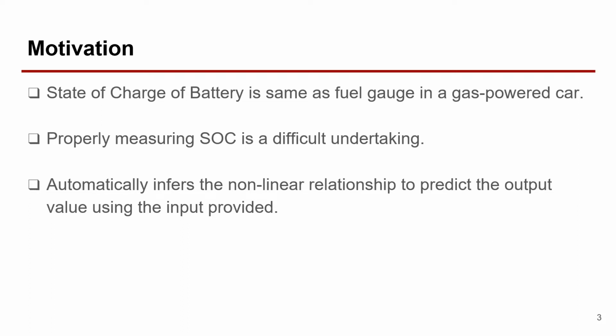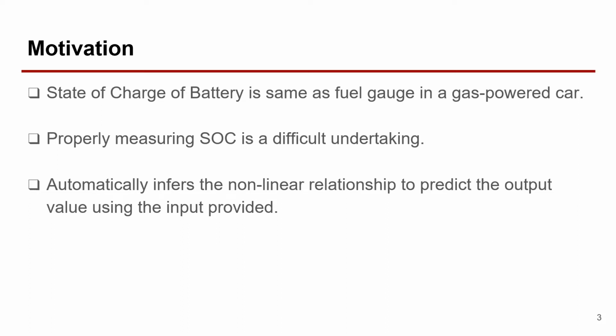However, properly measuring state of charge is a difficult undertaking since it cannot be measured directly due to the nonlinear time-varying properties and electrochemical process. Furthermore, battery state of charge is impacted by age, temperature variation, charge discharge cycle, and so on.